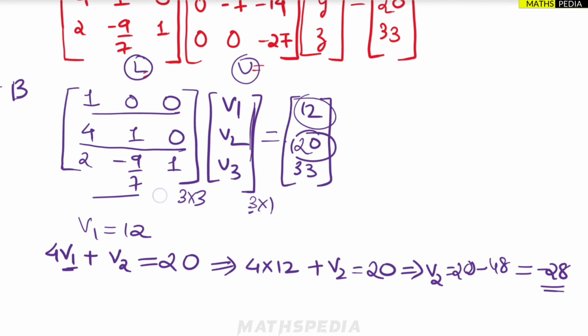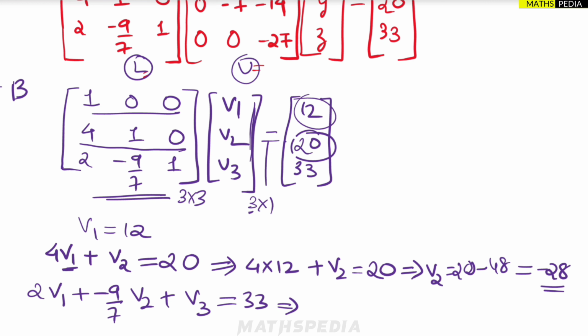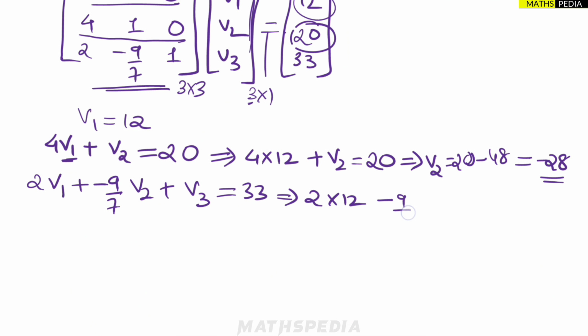Now the last row we have to multiply with this column. So 2 into V1 plus minus 9 by 7 into V2 plus 1 into V3, which is V3, equal to 32. The V1 value we already know. So 2 into 12 minus 9 by 7 into the V2 value we got, minus 28, plus V3 is equal to 33.